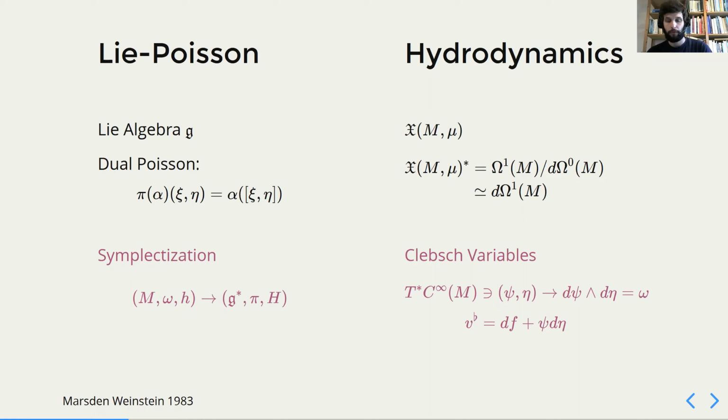If you write this in this form, then you see that the Euler equations, in terms of these variables psi and eta, really just become Hamiltonian equations. And you can rewrite this also in terms of the vector field, which is probably the form that you're more used to if you talk about Clebsch variables. So that's a very nice construction where the symplectic and the Poisson geometry interplay and give you interesting results about hydrodynamics.